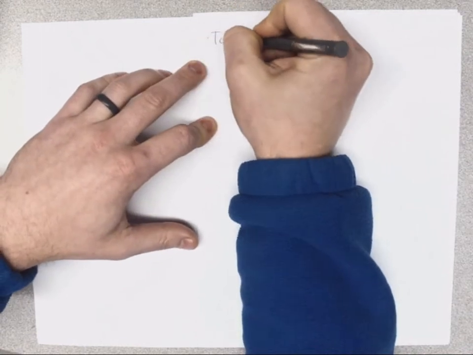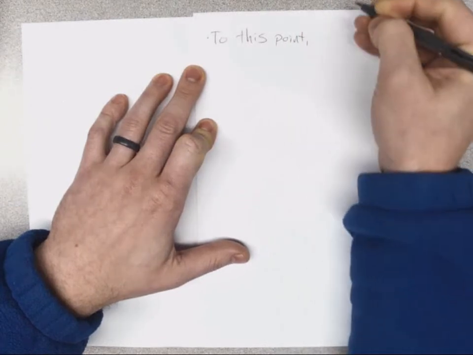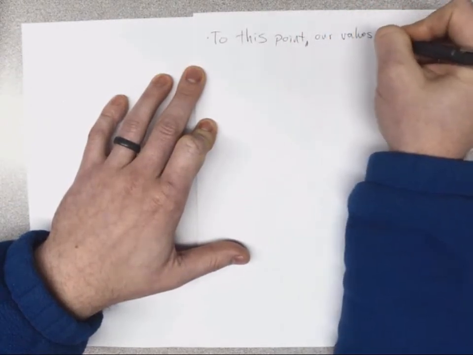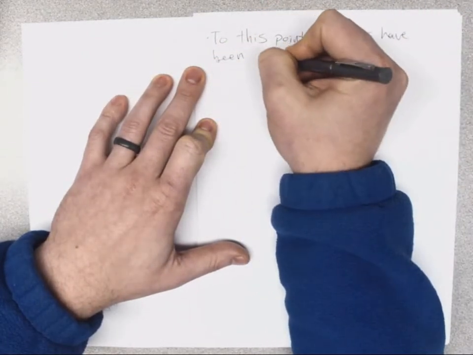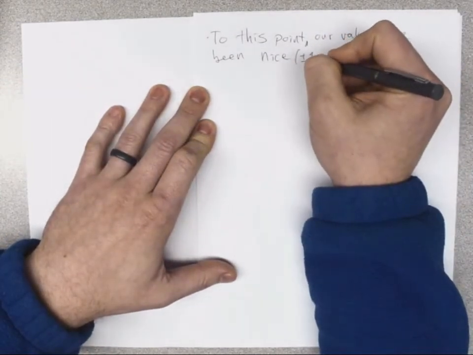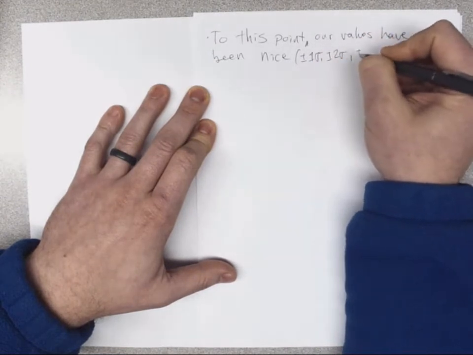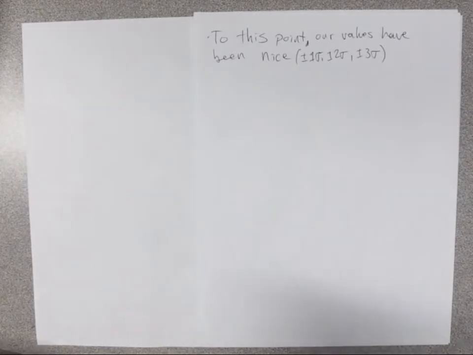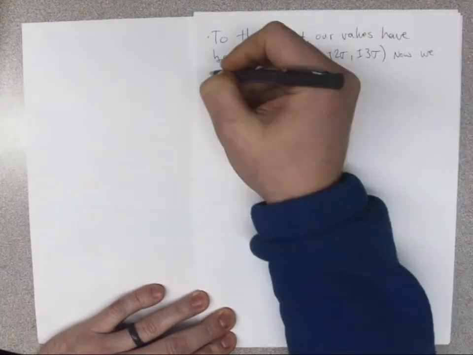To this point, our values have been nice. And what I mean by nice is they've been plus or minus 1 standard deviation, plus or minus 2 deviations, and plus or minus 3 standard deviations. Now we have a problem.